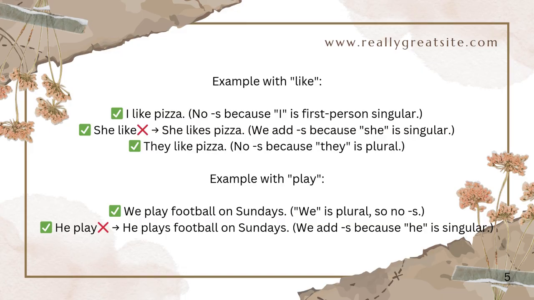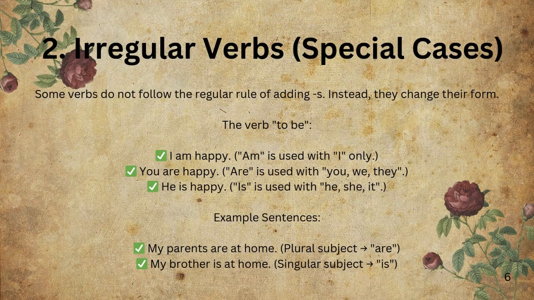Sure, he plays football on Sundays is true because we add S because he is singular. This practice helps reinforce the difference between subject-verb agreement. In the present simple tense, remember with he and she or it, we add S to the verb.